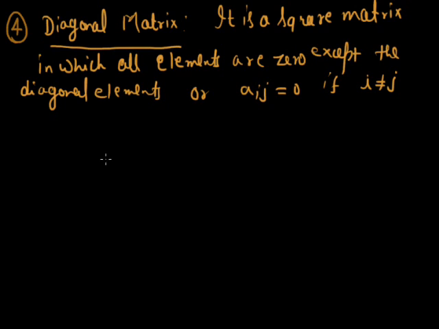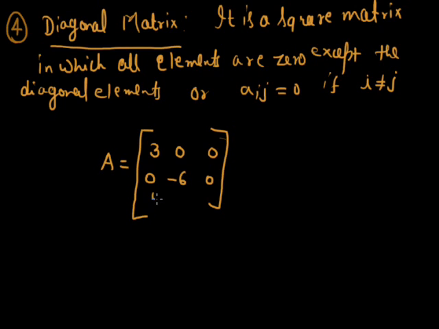For example, suppose this element, first row, first column, is 3. Now first row, second column, this element will be 0. Again this element will be 0. For example, this element is minus 6, 0, 0, 0, 4. Now this matrix is called diagonal matrix because all the elements except the diagonal elements are 0.